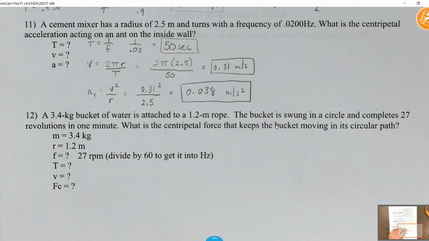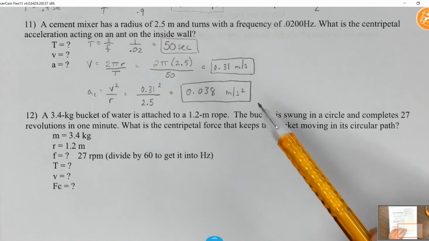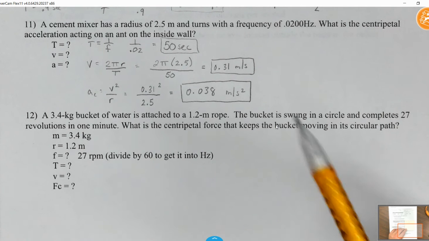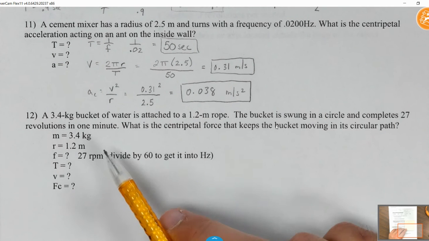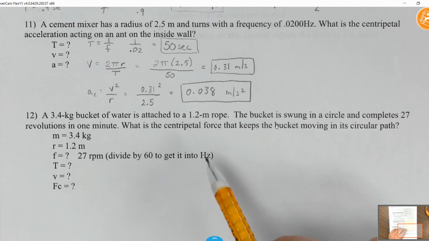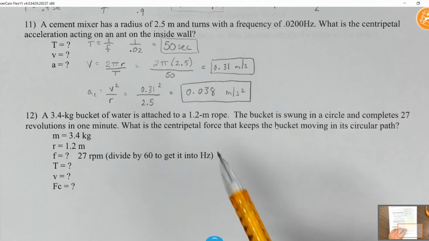They're just telling us that by swinging this around, it completes 27 revolutions per minute, which would be 27 RPMs. From the notes yesterday, we don't want it in RPMs, we want it in hertz. So to get it out of RPMs and into hertz, you're going to divide that by 60.